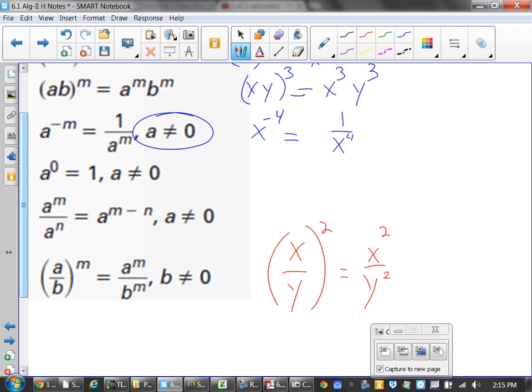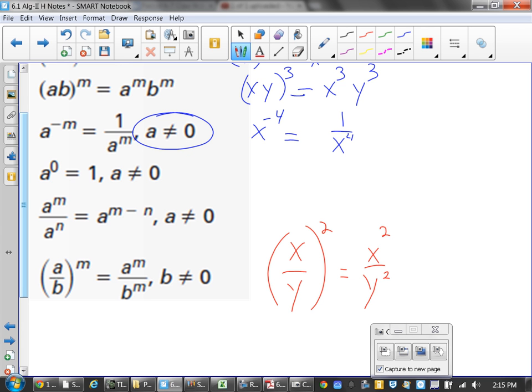Can you divide by 0? No, but you're allowed to have 0 in the numerator. So again, they're just putting in the caveats that you can't divide by 0. That's why they have that stuff written.